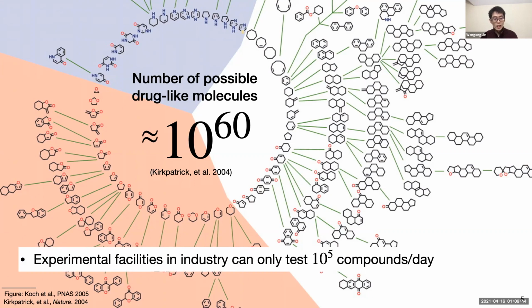Believe it or not, there's no way to brute force screen all of them. Even in industry, at pharmaceutical companies, standard experimental high-throughput screening methods can only test around 10 to the 5th compounds, about 100,000 compounds per day. Compared to this astronomical number, this is really nothing.